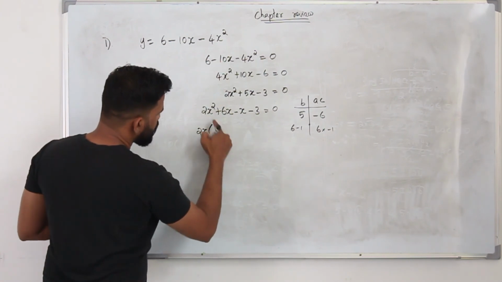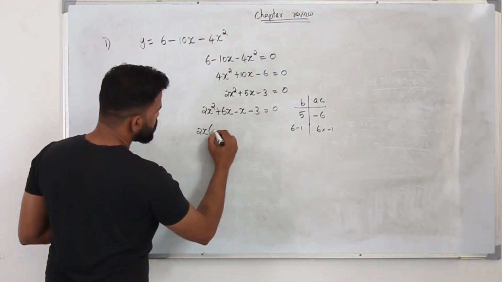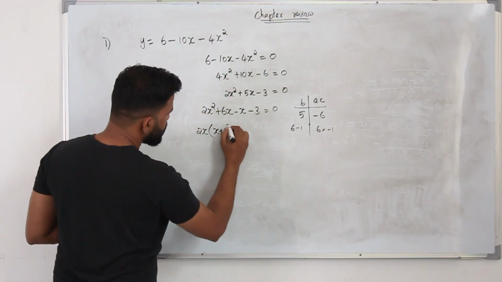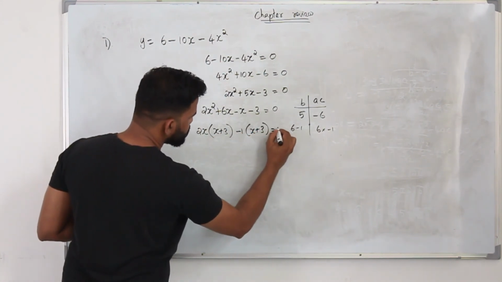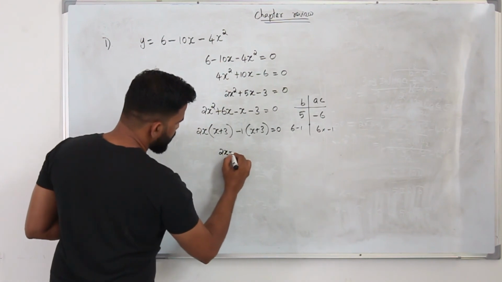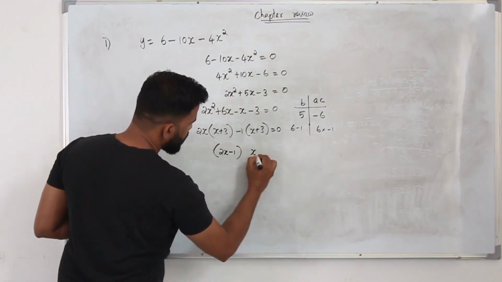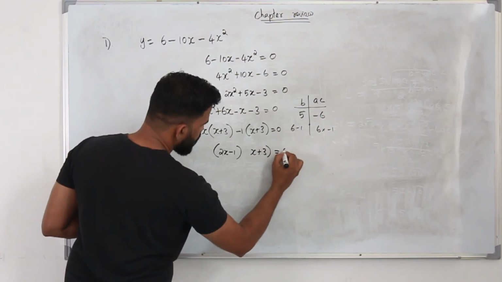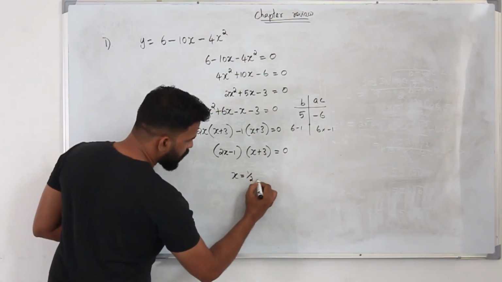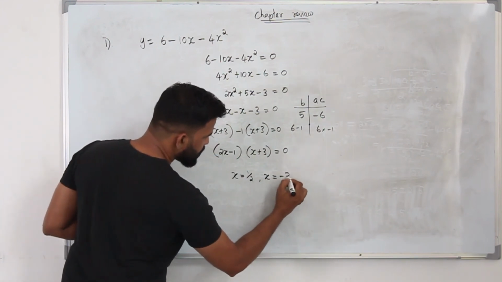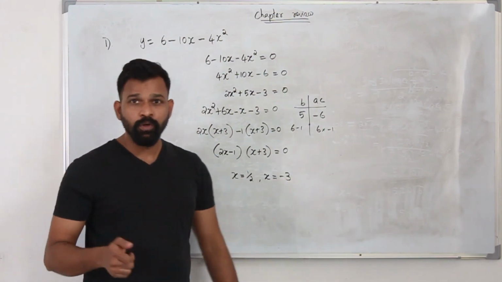Take 2x as a common factor from these two terms, you will be left with x plus 3. Here take minus 1, you will be left with x plus 3 again. So it's 2x minus 1 and x plus 3 equals 0. So your two roots are x equals half, x equals minus 3.